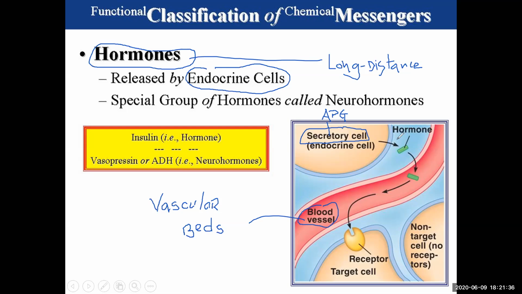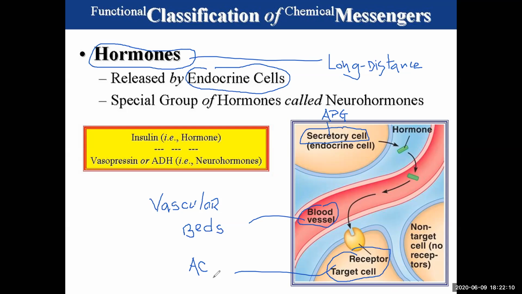It releases a hormone using the bloodstream, and the target cell here can be, for example, the adrenal cortex, part of the adrenal gland that sits superiorly to the kidney, on top of the kidney.